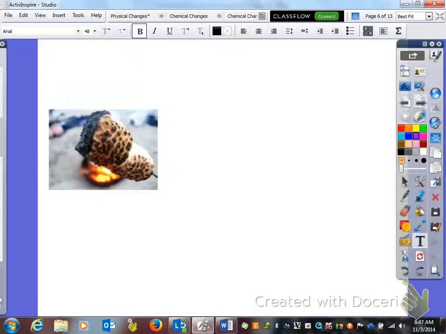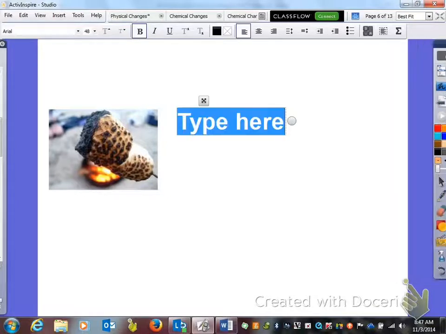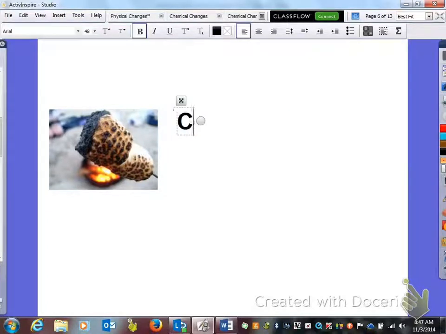Now we have some pictures on your fun sheet. The first one here, I want you to identify from this last set of bullets. I'm going to do a few with you and you're going to do a few on your own. This one is a marshmallow being burned, and our indicator here that there is a chemical change is that you see a color change.